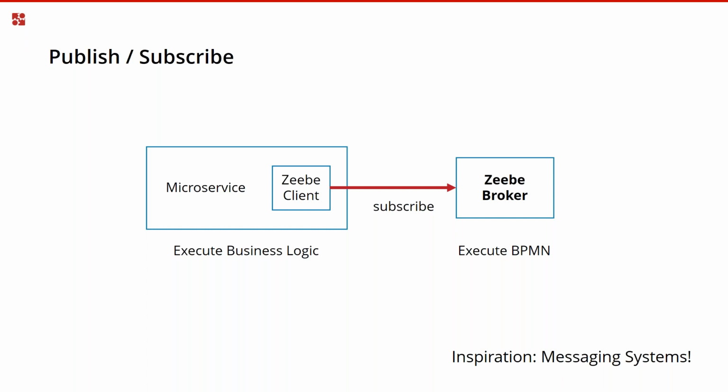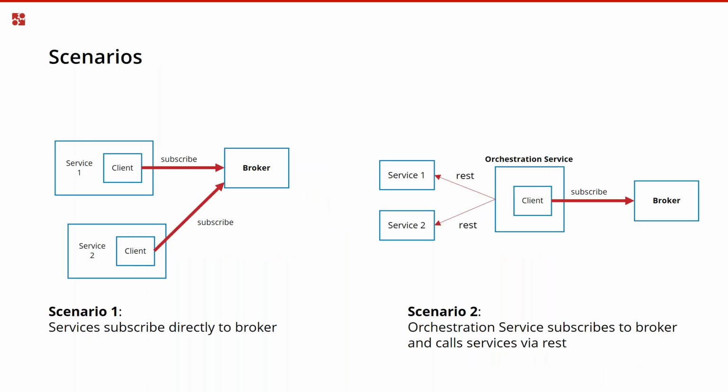That works in a way where the client will send credits to the broker, meaning, hey broker, I can complete like 100 tasks, and when that credit is used up, I cannot complete more tasks. This allows the client to control the rate at which tasks get assigned to it, and by that throttle based on resources and how long the processing time takes. Again, here the inspiration is, of course, coming from messaging systems.